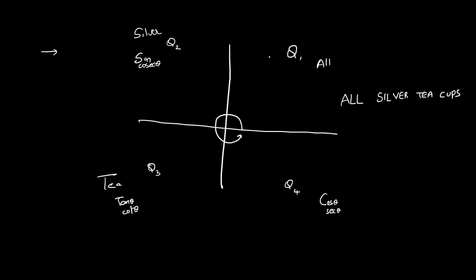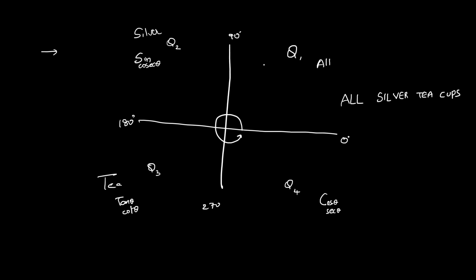Before going to that, let me write the angles of the corresponding axes here. The starting angle is 0 degrees here, and here it is 90 degrees, and here one more 90 is added, so it will be 180, and this will be 270. So in quadrant 1 the angles are always less than 90 and more than 0.